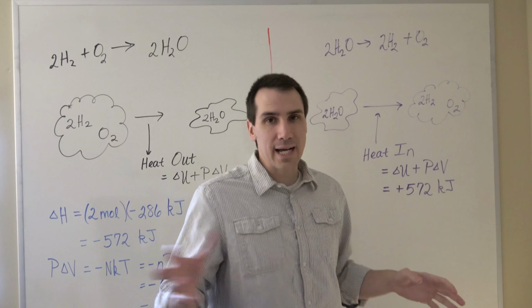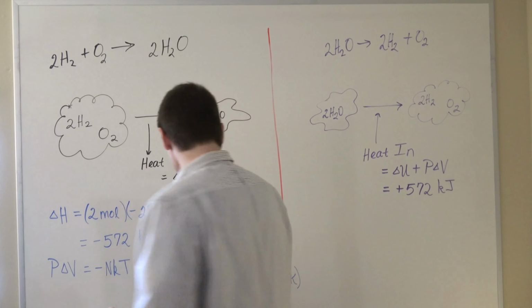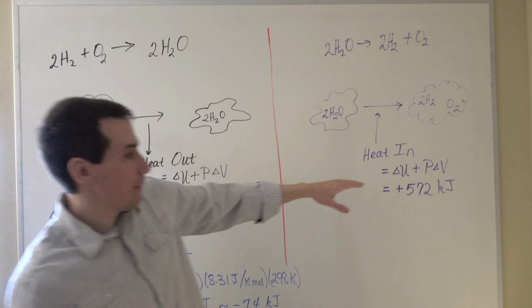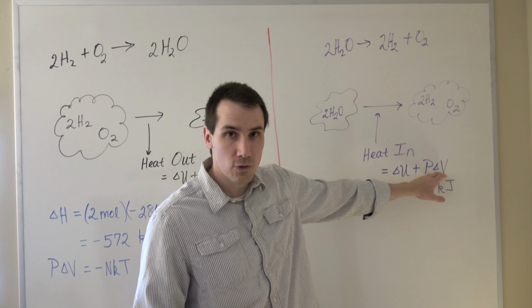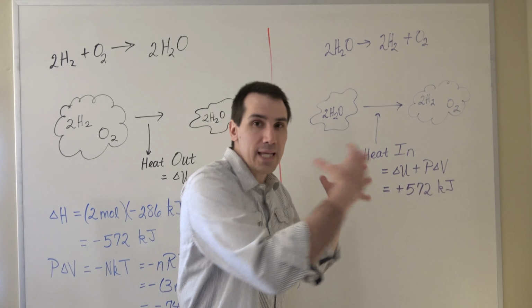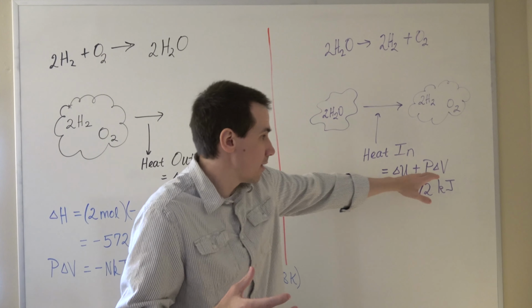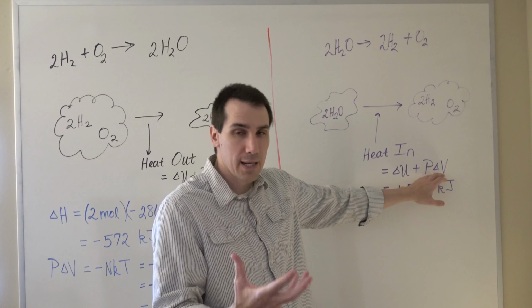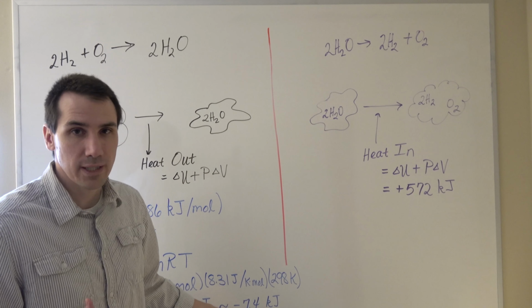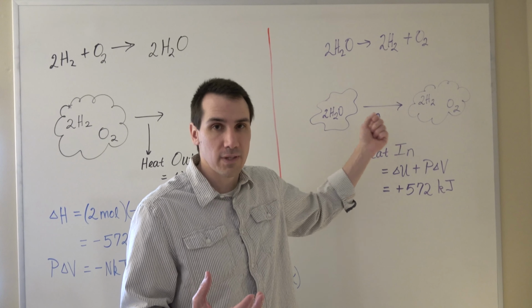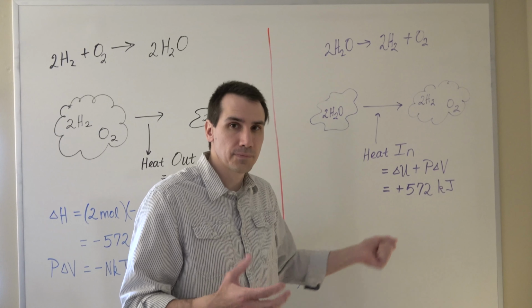And we can use exactly our same numbers from here. So again, we're going to have 7.4 kilojoules. This time it will be a positive 7.4 kilojoules that will need to be put into the system in order to move the environment out of the way. Our P delta V here will be positive 7.4 kilojoules, and the rest of that energy goes into breaking the bonds of the hydrogen and oxygen.